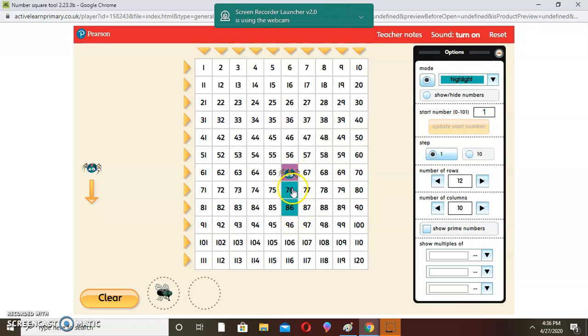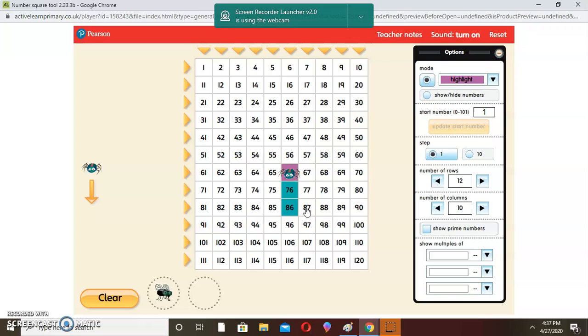Okay, 66, 76, 86. Now when it is 86, we are going to add on 7 ones. We started by adding tens. We said counting in tens, you move down. Then counting in ones, you move across. Okay, so it is 86 now. We are going to add 86 plus 7.